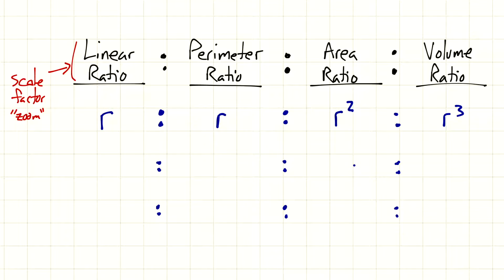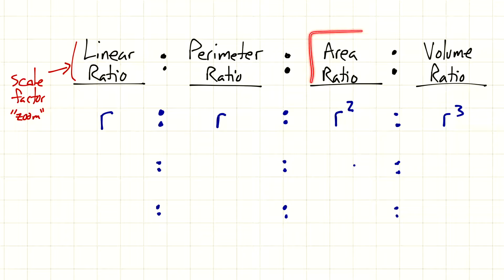If I know the linear ratio is R, what I also know is the perimeter ratio, which we've talked about before, is also going to be R, because perimeter is made up of all the side lengths, and linear ratio really is the ratio of the side length. So linear ratio and perimeter ratio are focused on how long the side measurements are.